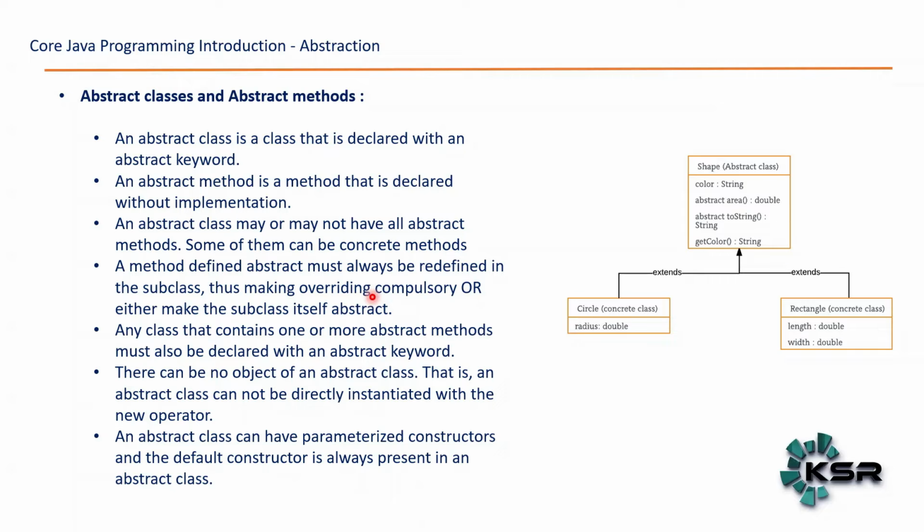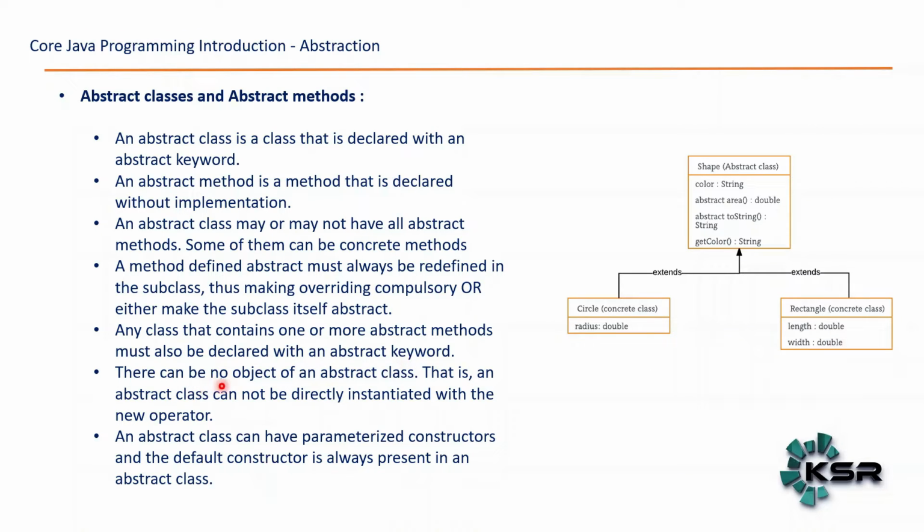So here the interest rate calculation or the area calculation, we are defining when we have a child class, not in the parent class. In the parent class I am not doing anything. Here abstract area is there, and using extends, I am overriding that particular method here in my subclass.